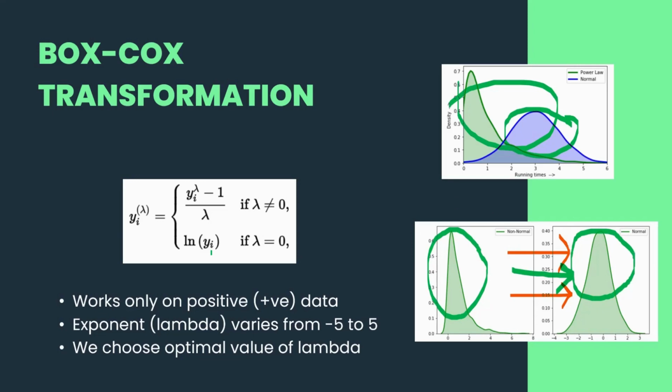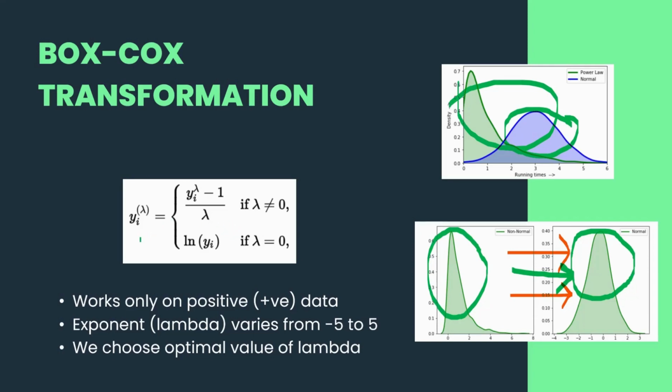Mathematically, the formula for Box-Cox transformation is (y_i^lambda minus 1) divided by lambda. Here lambda means the power, the exponent, which normally varies from -5 to 5. What we do is keep choosing the optimal value of lambda.